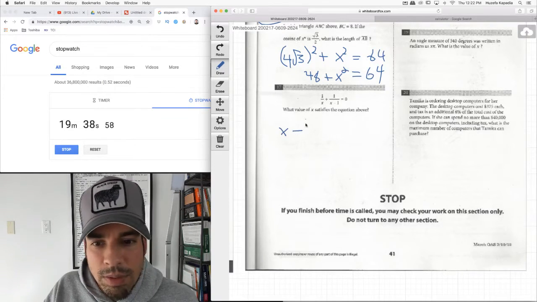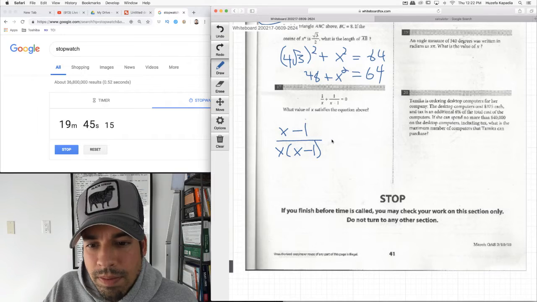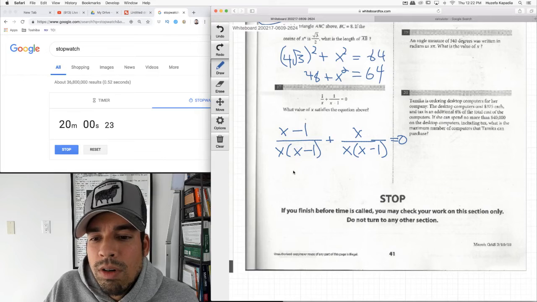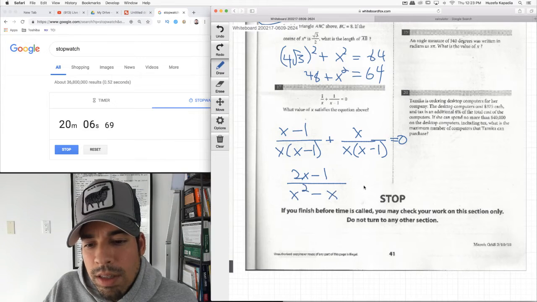Okay, so x minus 1 on top over x times x minus 1 on the bottom, plus x on top over x times x minus 1 on the bottom. So I multiply that by x and that by x minus 1. And then I get 2x minus 1 over x squared minus x equals 0.